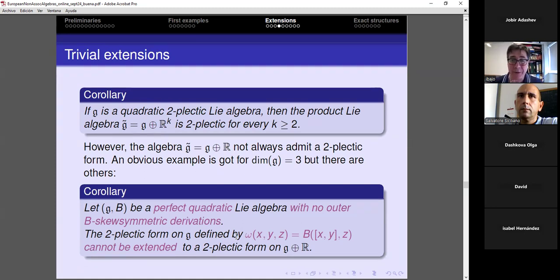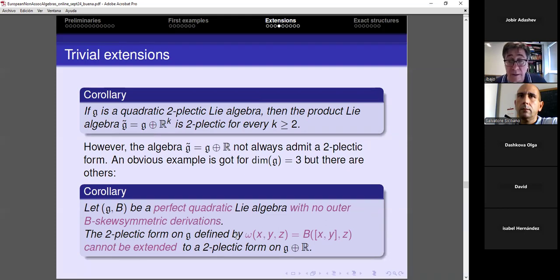I know that the problem seems too simple, but the fact is that it is very simple to see that if you have a two-plectic Lie algebra which is quadratic, and you just take the trivial extension, so you just take the direct product with R, sometimes that new algebra doesn't have a two-plectic form.